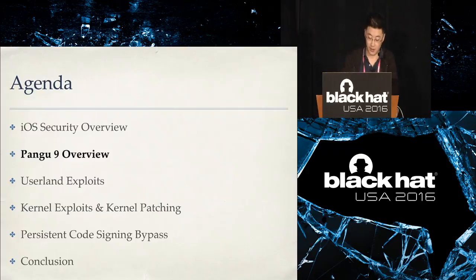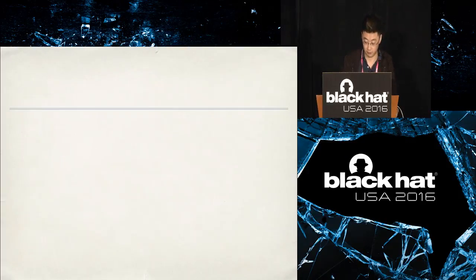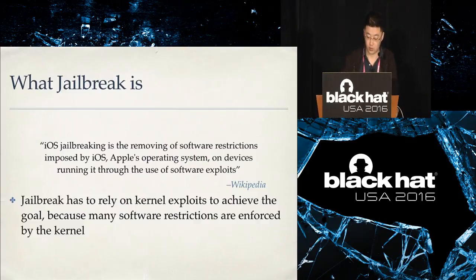Now, let's see how we designed Pangu 9. Just in case some people here have no idea what jailbreak means: jailbreak is a process to remove software restrictions imposed by iOS. We know there are a lot of security mechanisms we just described, like code signing and sandbox, and you don't have root access to the file system, and so on.